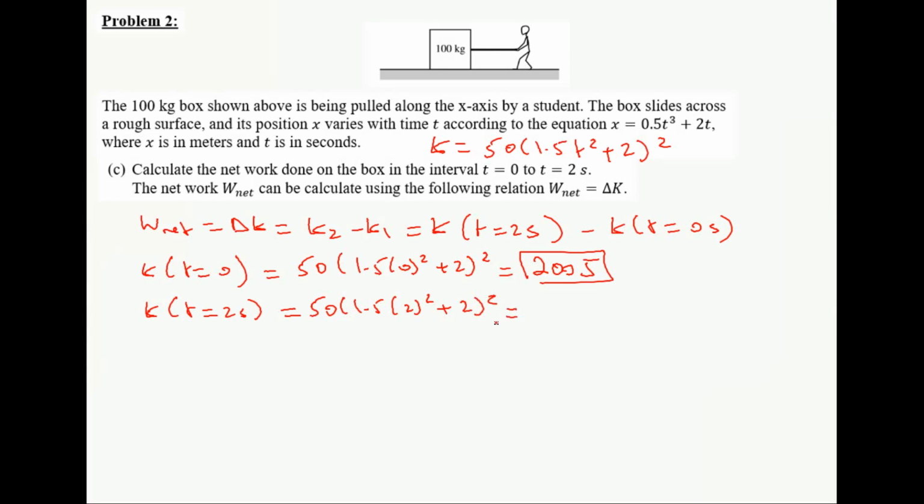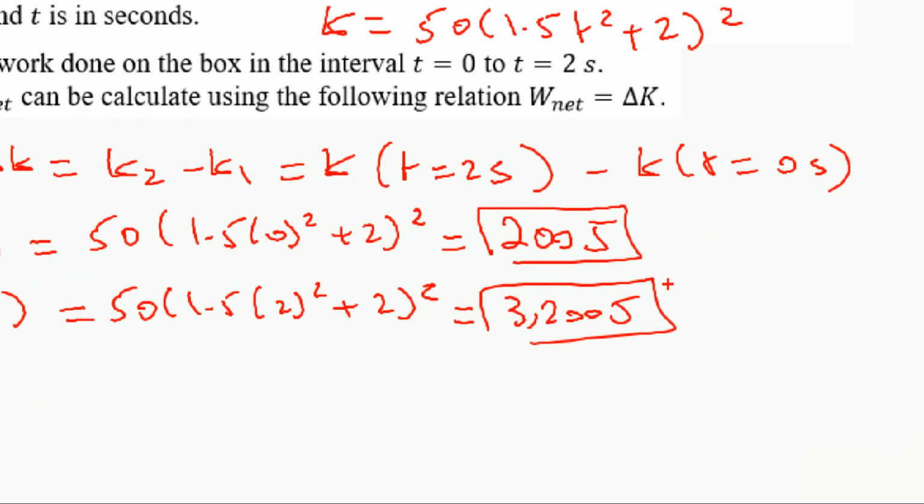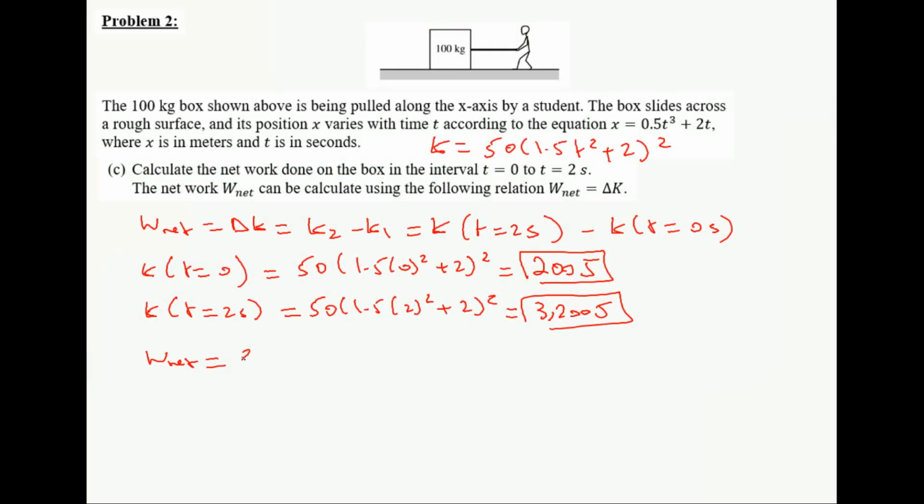Plugging this expression on the calculator, we're gonna get a value of 3200 joules. And now we're ready to calculate the net work, which is basically this minus that. That would be 3200 minus 200, and the answer would be 3000 joules.